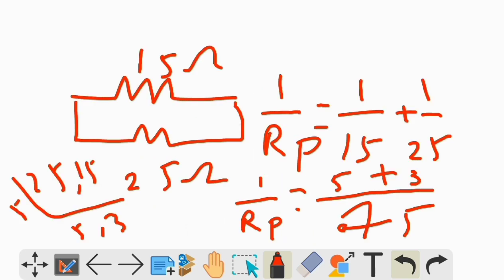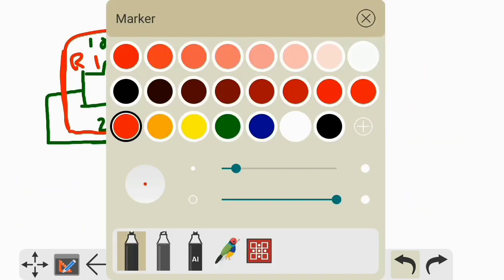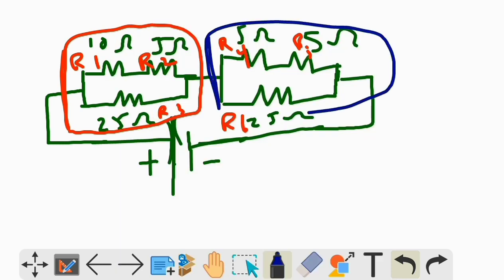Now, let's do the second part of the resistance connection. That means this one. I'm taking blue color so that there will be differentiation. Now, 5 plus 5 is 10 ohm, and this 10 ohm and 25 ohm are in parallel. Understood?